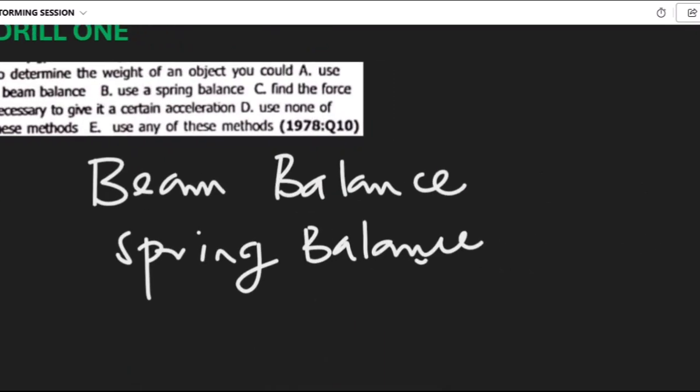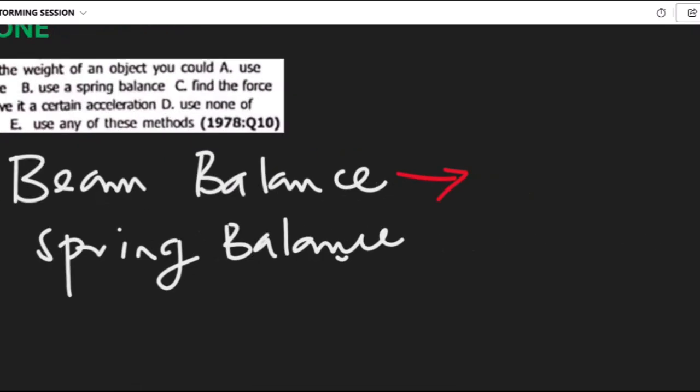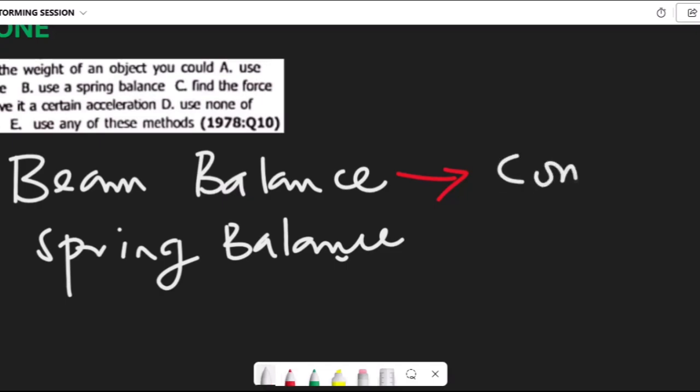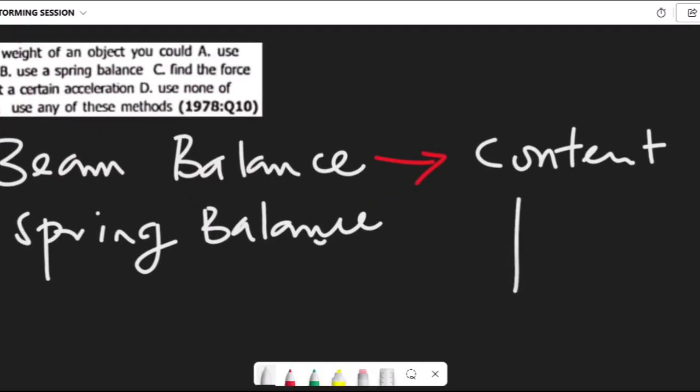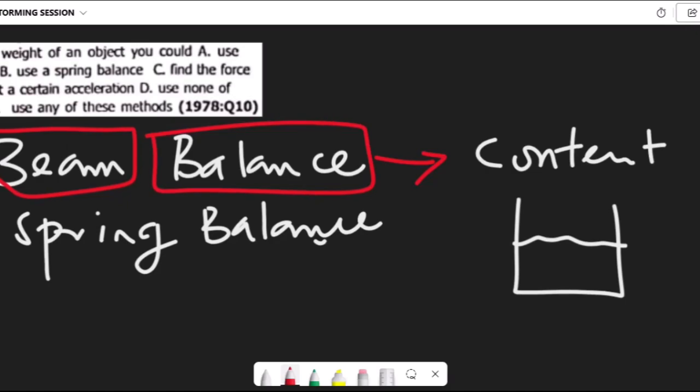Now, the beam balance, most of the time, usually measures the content of an object. That means the content. For instance, let's assume I have a beaker and I want to know the content that is in the beaker. I make use of my beam balance. Are you seeing that?